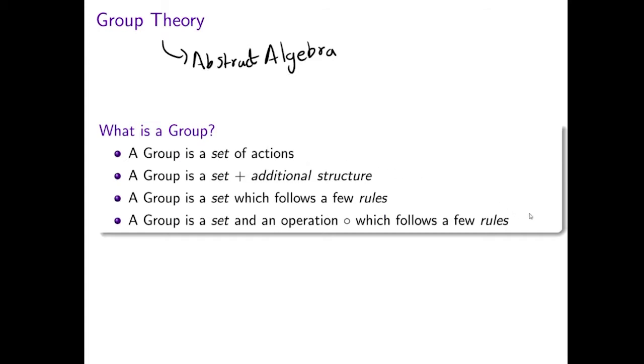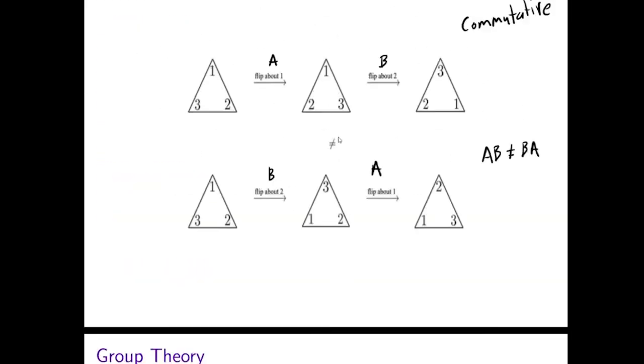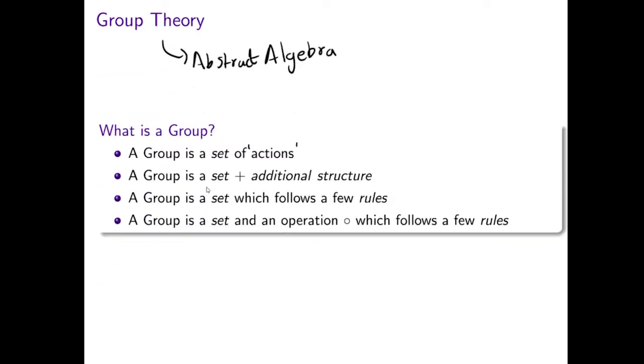You go down a hierarchy of definitions. You say a group is a set of actions. Our toy model supported this, as a collection of actions, and the beautiful thing is if I combine two of them, I get a third one, but they're not necessarily commutative.